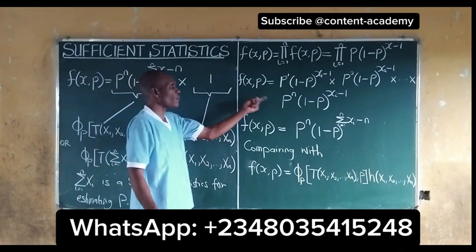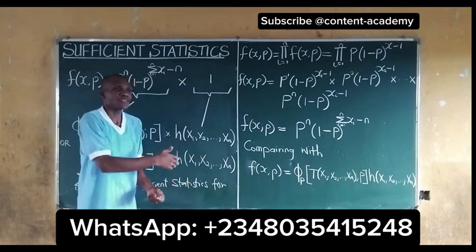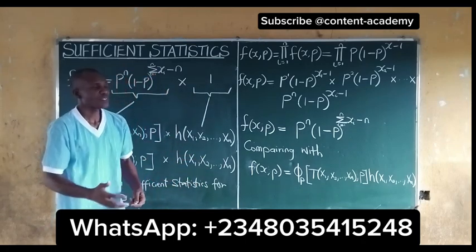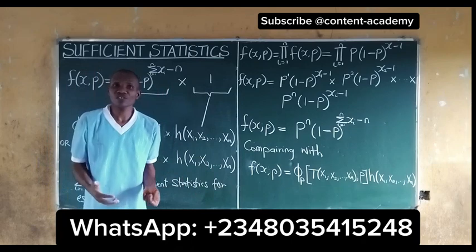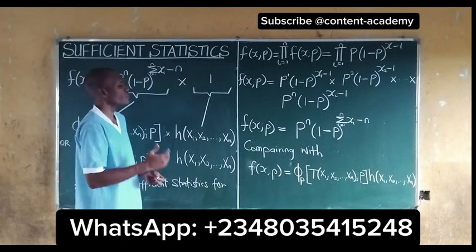This is how we can find the sufficient statistic for estimating p. If we follow these procedures, it will be very easy for us to compute the sufficient statistic for any distribution.